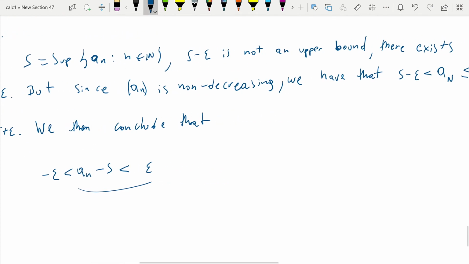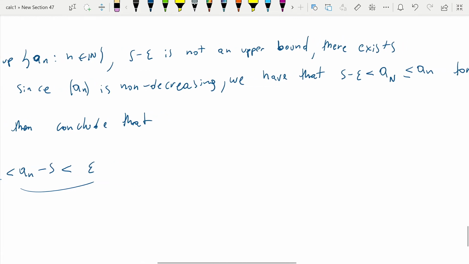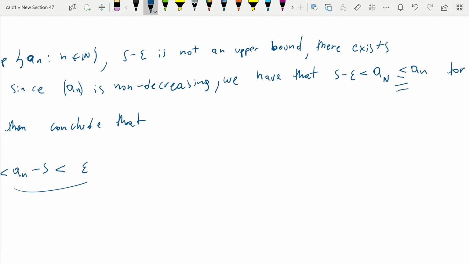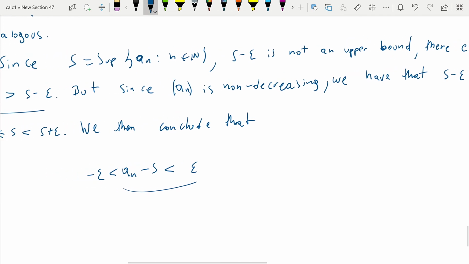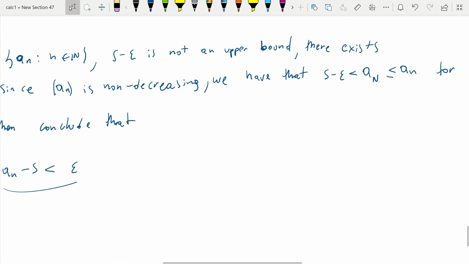And if you use this inequality, s minus epsilon less than a_n, it's really less than a_n because s minus epsilon is strictly less than a sub capital N. Also, it doesn't matter, this is less than or equal to. The a_n will be strictly greater than s minus epsilon. So we can subtract s on both sides.